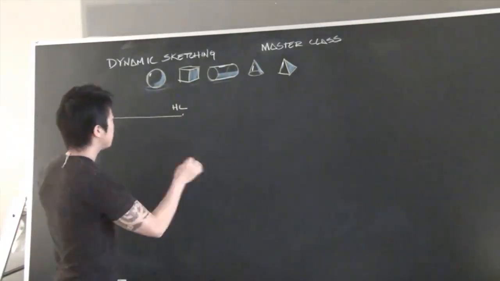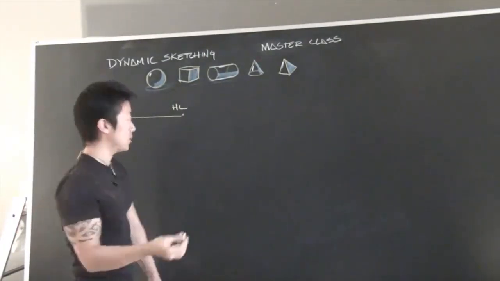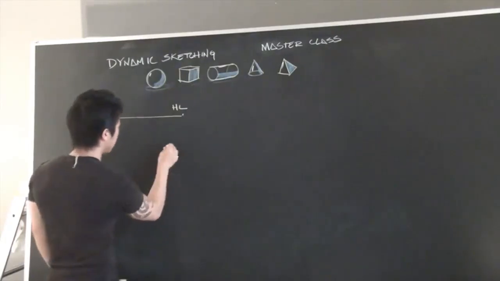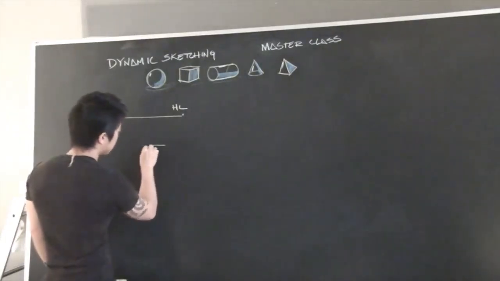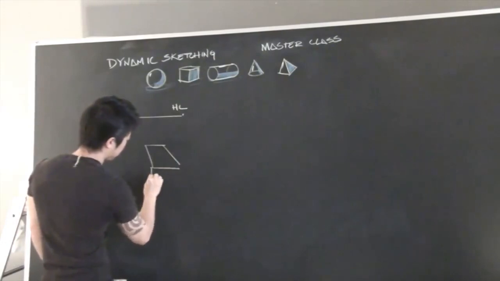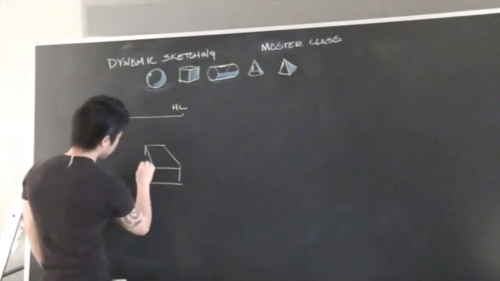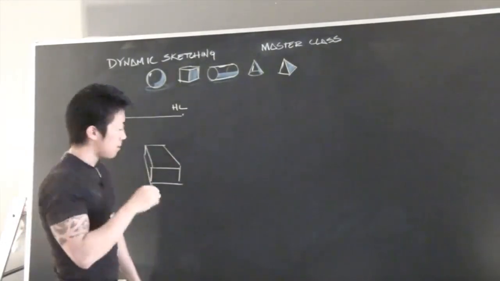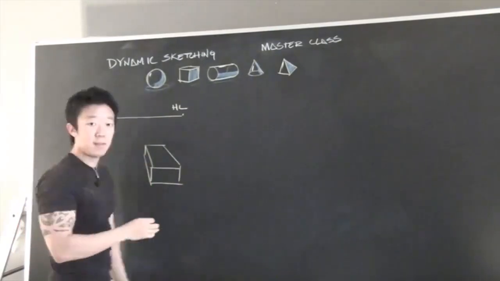And any object that you see, let's take a geometric form, a box, has to go back in perspective to give it depth.